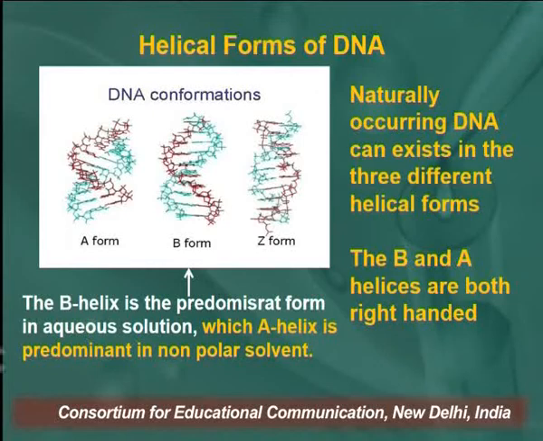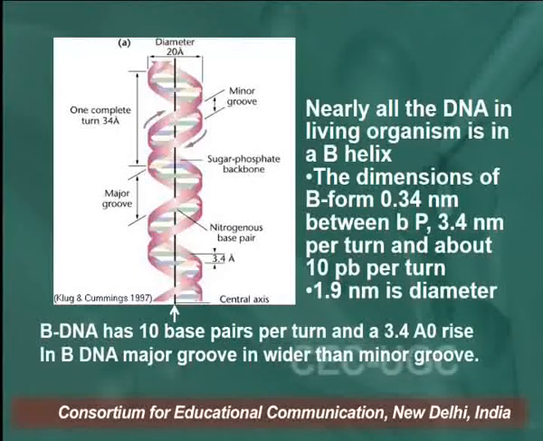The B and A helical forms are both right-handed. It's very important to understand here that nearly all the DNA in living organisms, including plants, is found in the B helical structure.